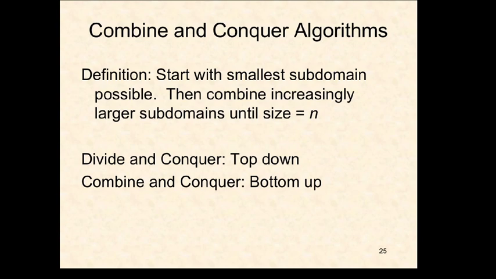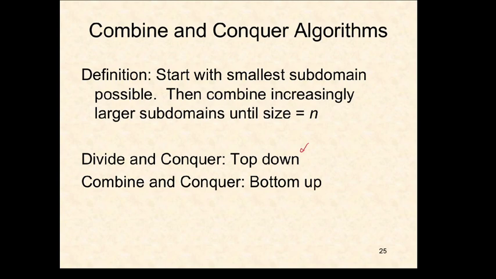So this is the split: the idea that divide and conquer is top down and combine and conquer is bottom up isn't always true. Divide and conquer, because it involves recursion, is often top down. It's very common to see divide and conquer be top down.